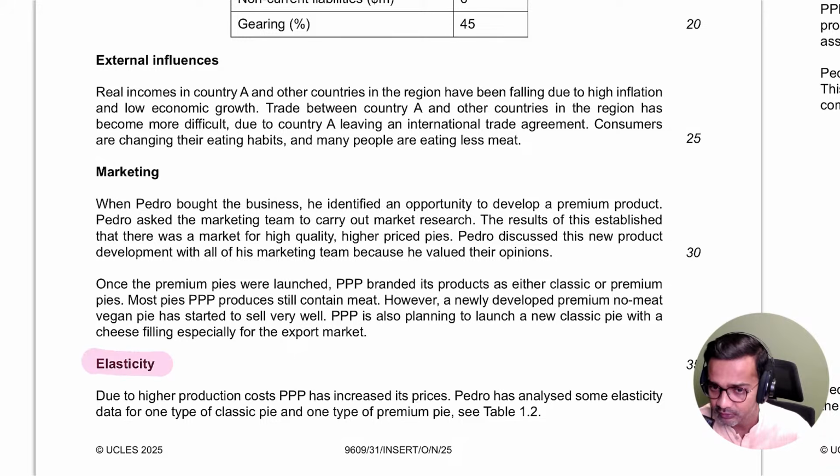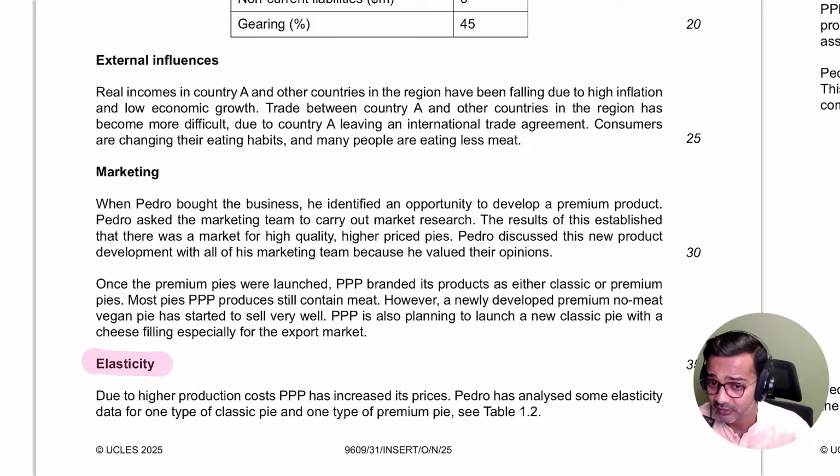So what I'm trying to show you is that if you can identify what the question is asking in terms of concept, you will see that the examiner has given you a clue in the insert: here's the heading, here is where you find the elasticity concept, and this is where you will find all the application you need for a question on elasticity.